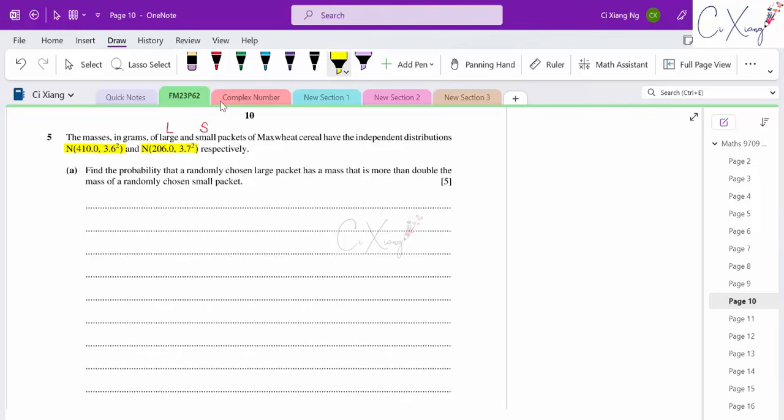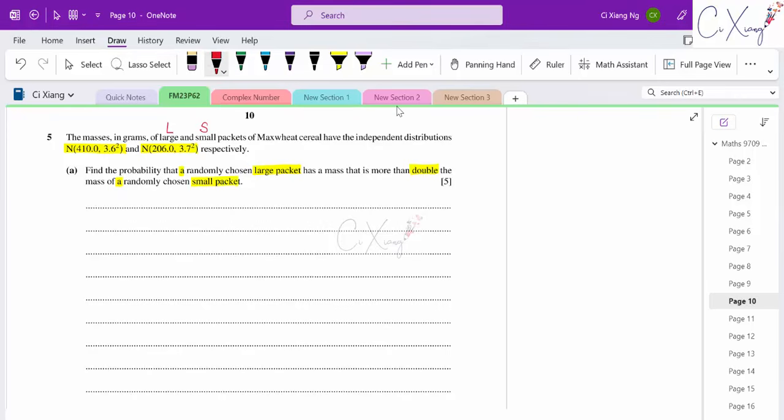Right, so for this question, they want us to find the probability that a randomly chosen large packet, meaning I'm having only one large packet, has a mass that is more than double the mass of a randomly chosen small packet. So double the mass of also one small packet here.